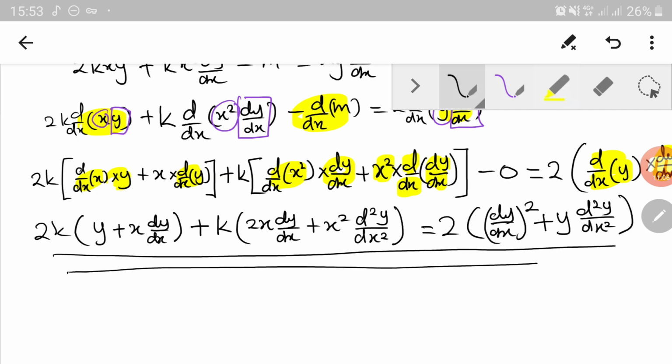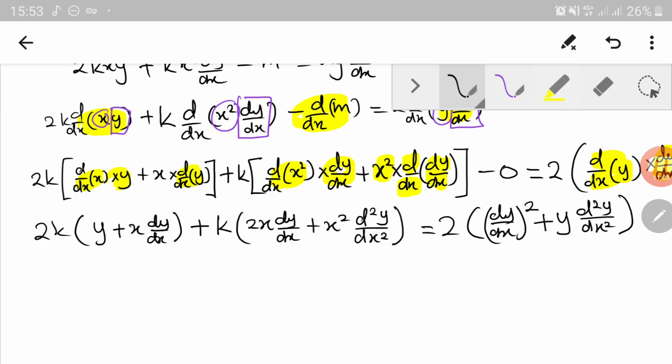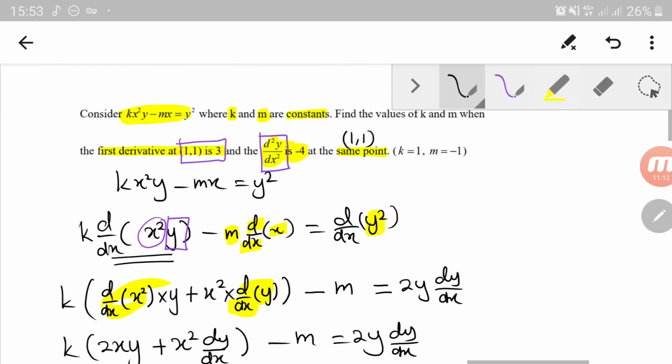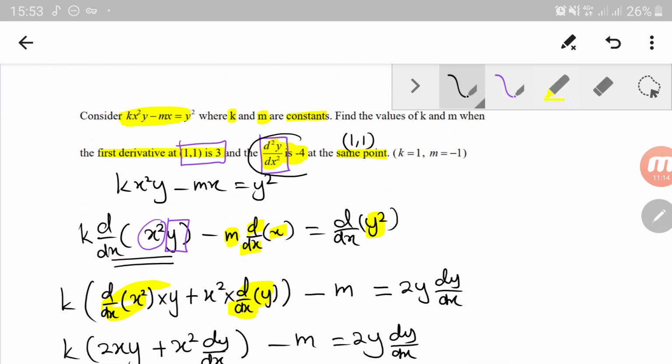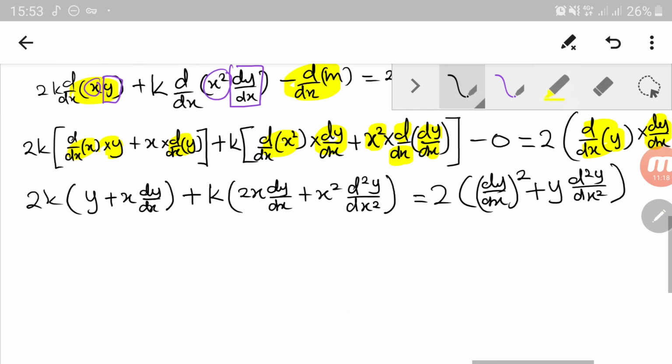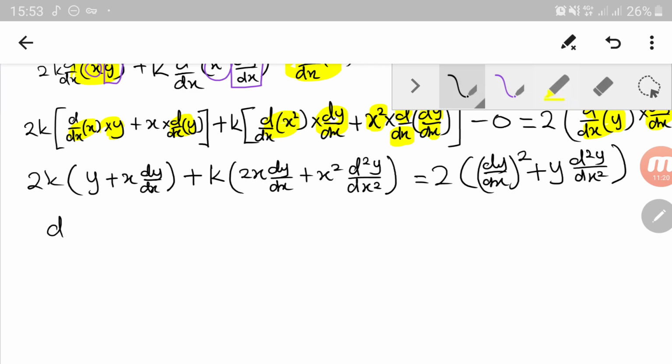What should we do? We substitute. What value? This value from the question. It's given that the value of the second derivative at 1 is minus 4.